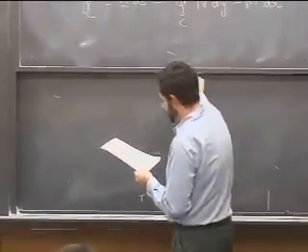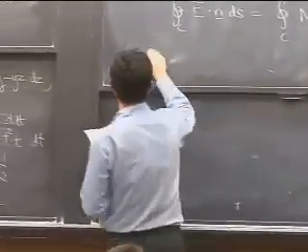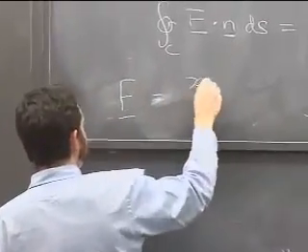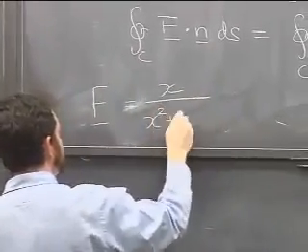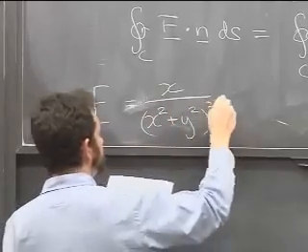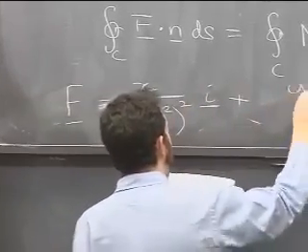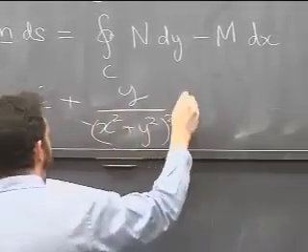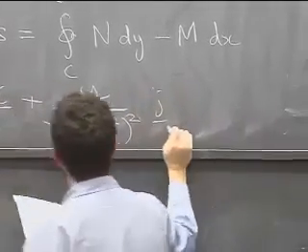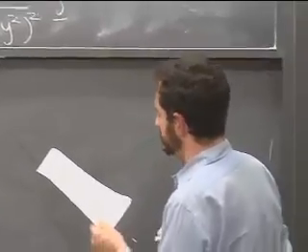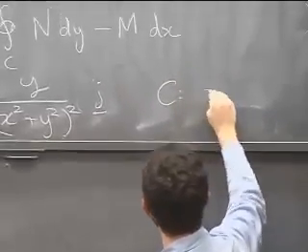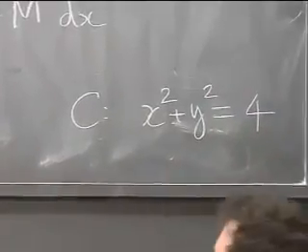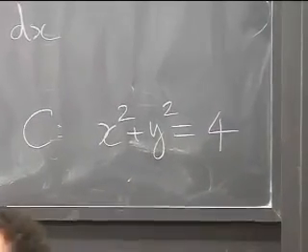You're given the velocity field F is x over (x squared plus y squared) all squared i plus y over (x squared plus y squared) all squared j. And you're concerned about C being the circle x squared plus y squared equals 4. That's a closed curve.